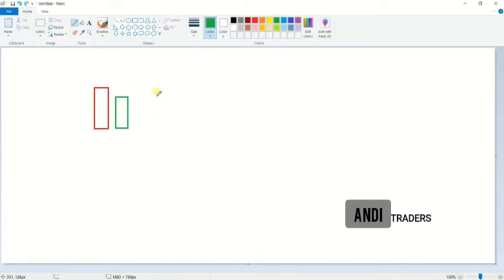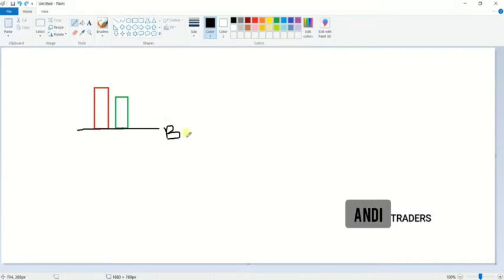Okay, as you know, let me make it a little bit thicker. As you think and as you know, the buyers are here, right? This is the buyers area. This is the level where we see these buyers entered the market.